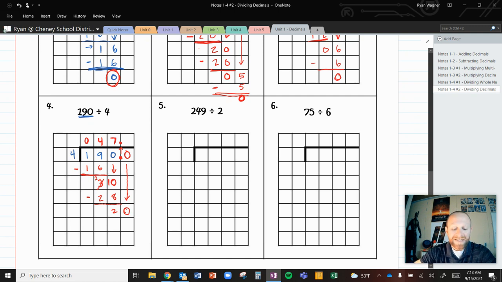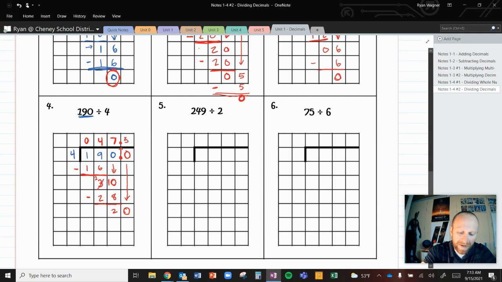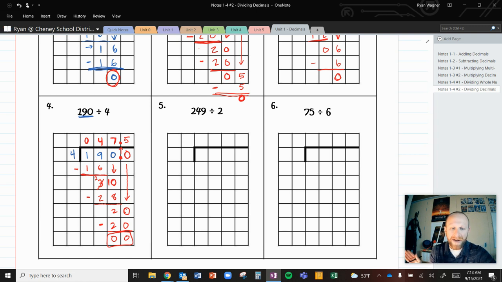How many times can 4 go into 20? Well, 4, 8, 12, 16, 20. 5 times. We multiply 5 times 4. We get 20. We subtract them and we get 0 as our answer for that. Once you get 0, and it's the last number, you're done.